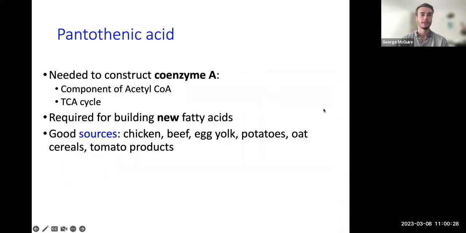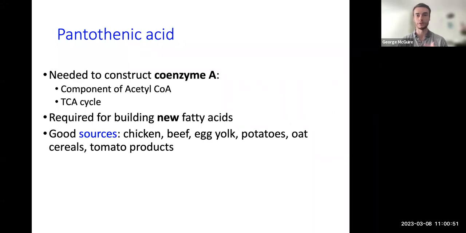Okay. So another one of our B vitamins, pantothenic acid, is needed in order to construct that coenzyme A. So this is obviously going to be a component of the TCA cycle where we are going to end up breaking down the rest of those carbons once coenzyme A has been attached to the 2 carbons creating acetyl-CoA.